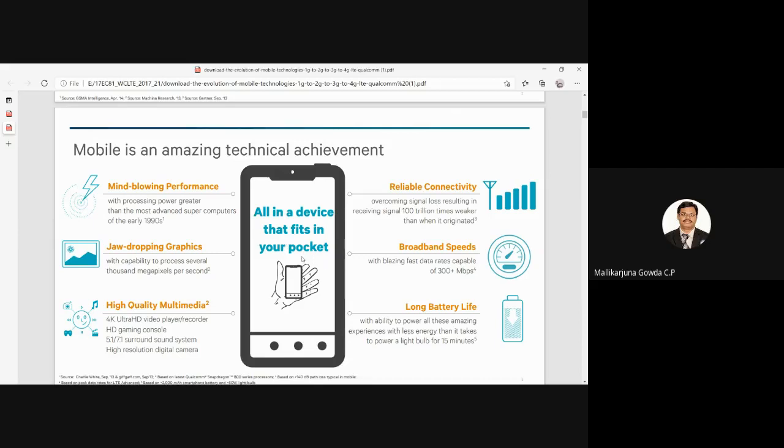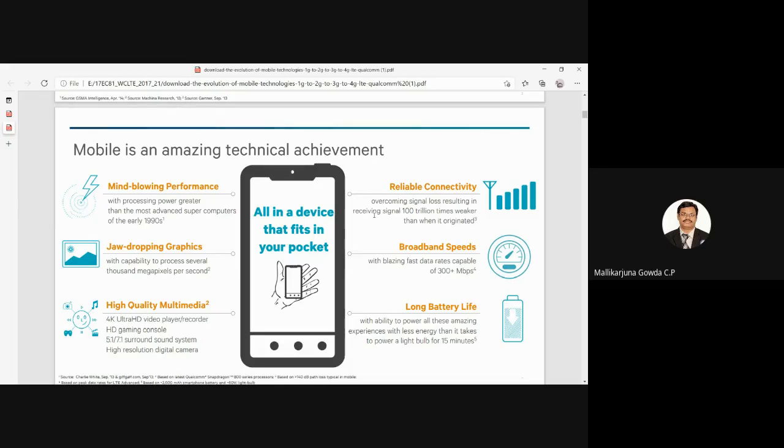And about the speed, the moment you click on the browser, you should get the things. If it keeps rotating, you will not be happy, you will get frustrated. With blazing fast data rates, it is written 300 plus Mbps. Now it is in terms of Gbps.